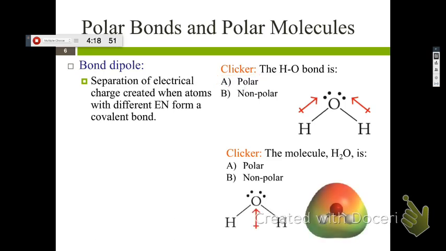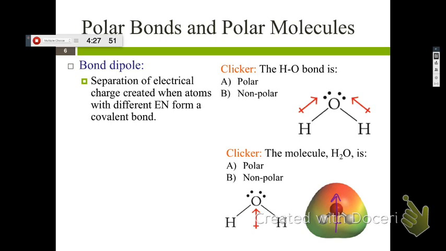So a lot of times you'll see water drawn like this, where the electron density is shown to be more around the oxygen than the two hydrogens. And that indicates that there's a net dipole in this direction that points towards the more electronegative oxygen. Once again, you can also do the deltas.